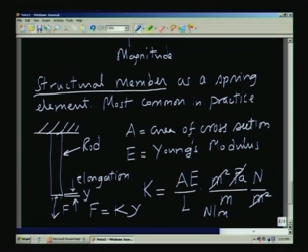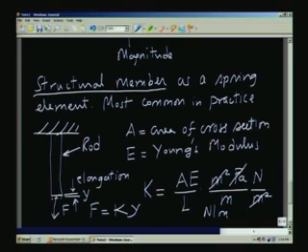So, for a structural member in the form of a rod of certain length L, area of cross section A and the Young's modulus E, the spring constant can be easily worked out as AE by L, and now you can immediately see how you are going to design a simple element like this. The choice of the material determines the Young's modulus, so you can have different values of E there.